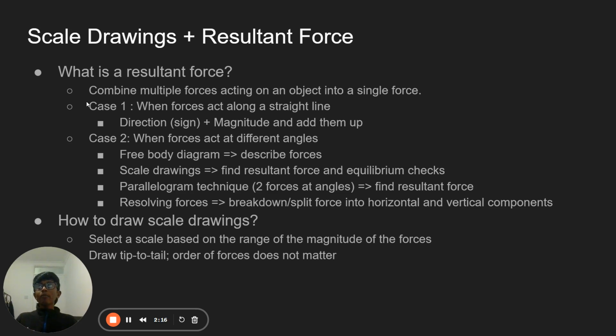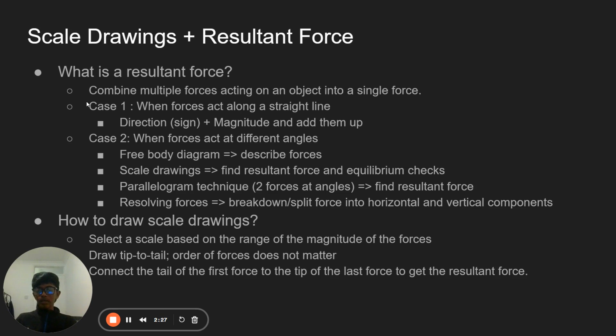From the free body diagram, pick up the forces and put them in a tip to tail order. The order in which the forces are does not matter. Connect the tail of the first force to the tip of the last force to get the resultant force. Measure the length of this line with a ruler and apply the scale on it. That gives you the magnitude of the resultant force.